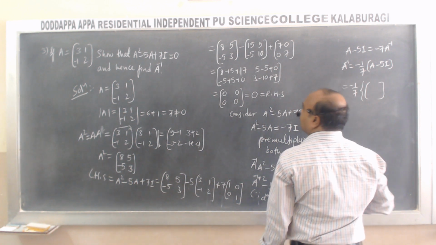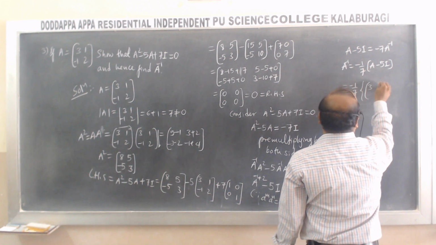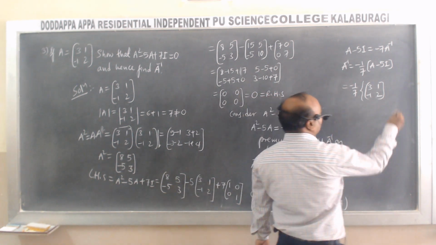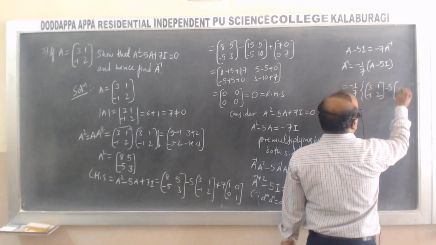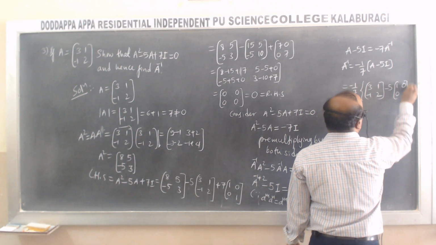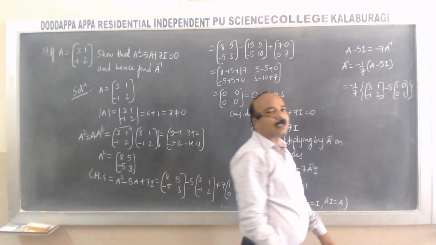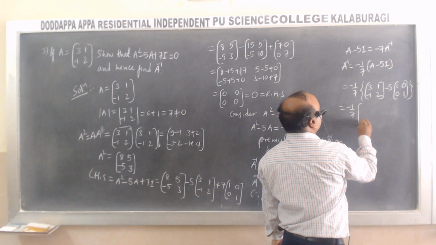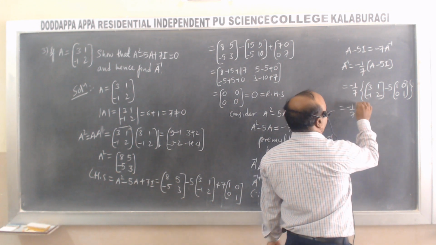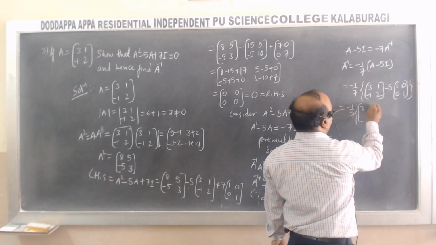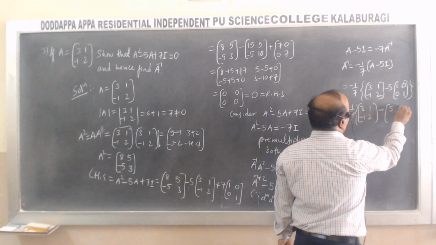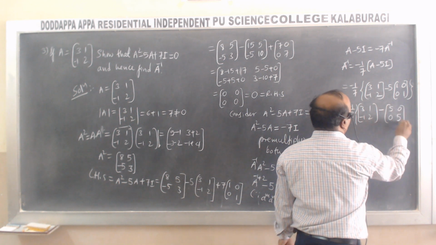First we substitute the A value, that is 3 1 minus 1 2, and minus 5 as it is. I means 1 0 0 1. Then we get minus 1 by 7 into 3 1 minus 1 2, minus the scalar multiplication, 5 0 0 5.